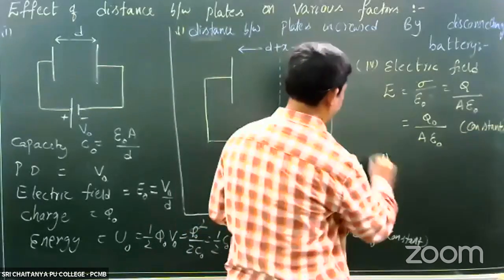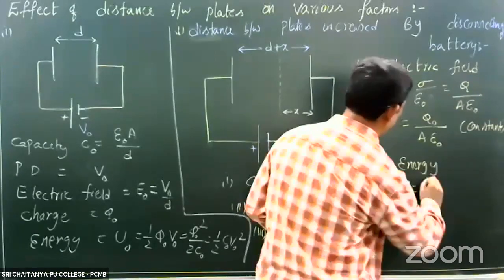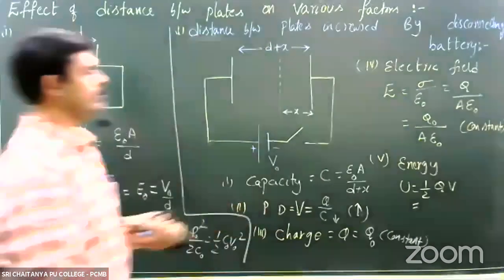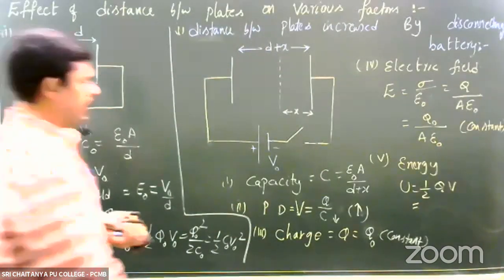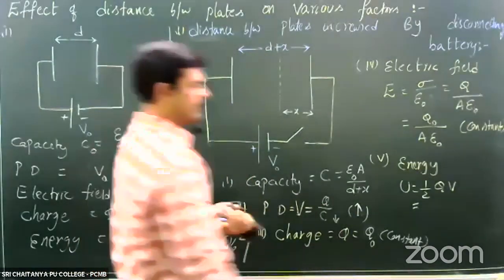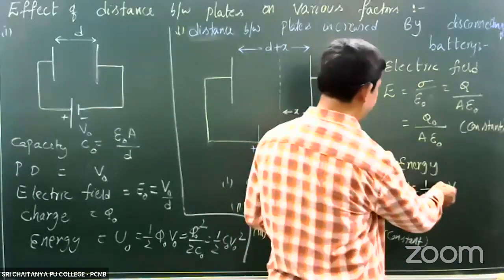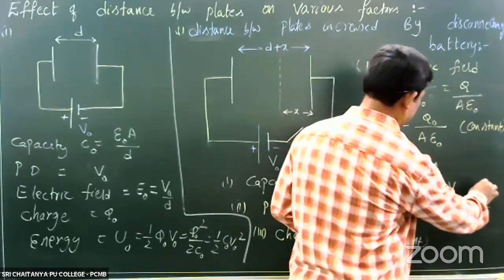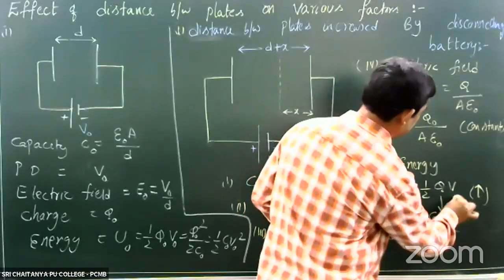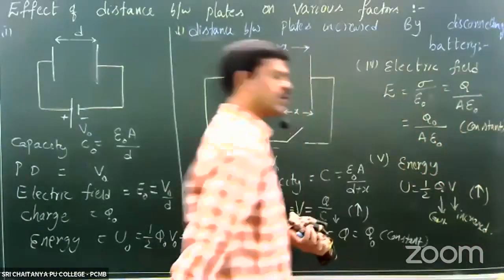Then finally, what is energy? Energy U equals half QV. Q remains constant, V is increased, so energy increases. Yes or no? Here Q is constant but V is increased, so energy also increases.